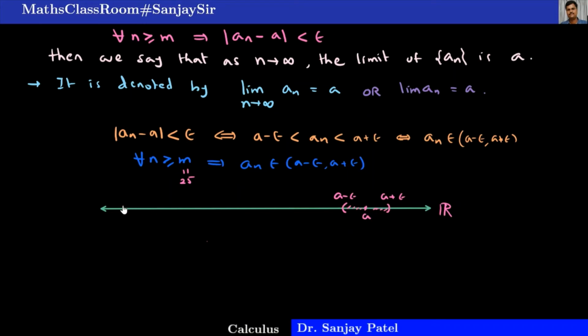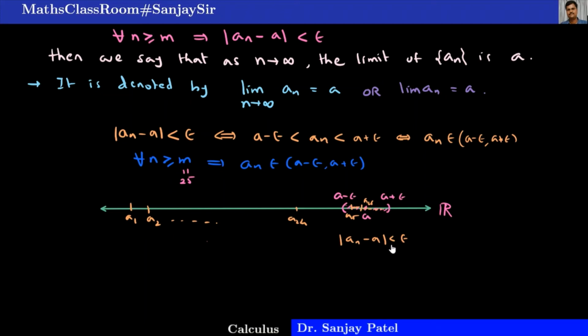So if we have say a1 somewhere here, a2, a3 and so on, say a24, but from the 25th term onwards, a25 and a26, all terms fall in this interval, and therefore the distance between this an and a will be less than epsilon, as all elements from the 25th onwards belong to this. So the distance between a and all those terms will be less than the number epsilon.